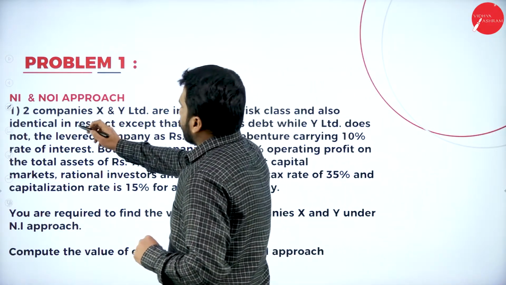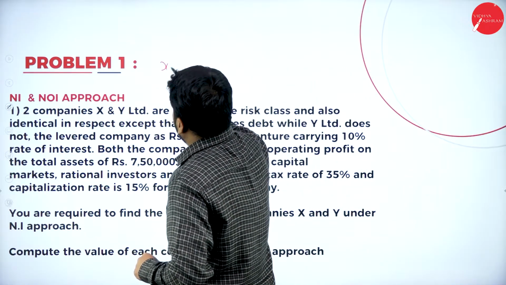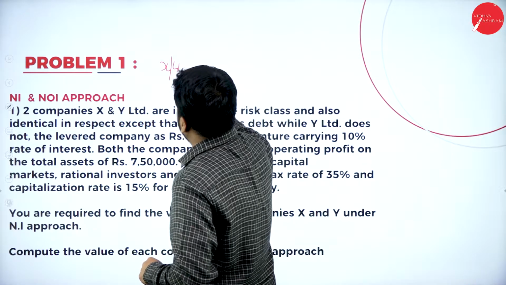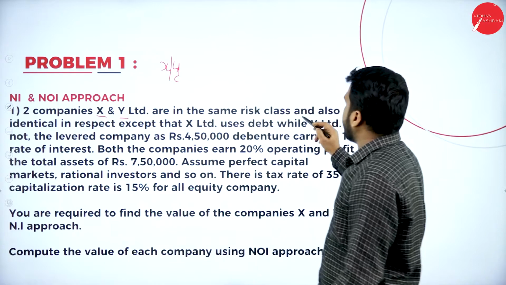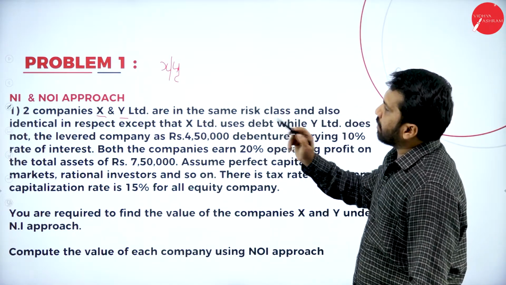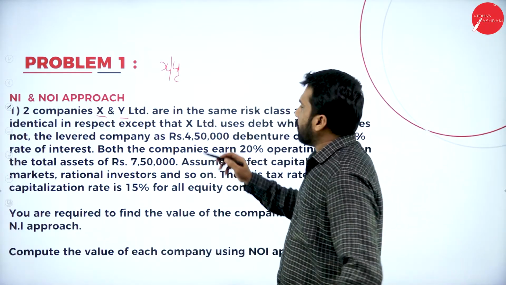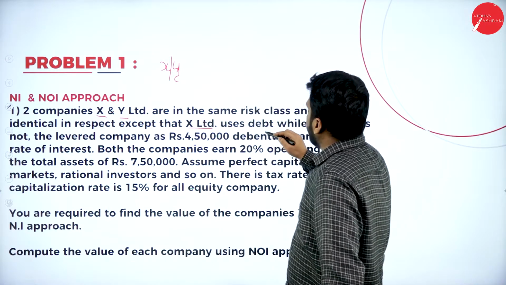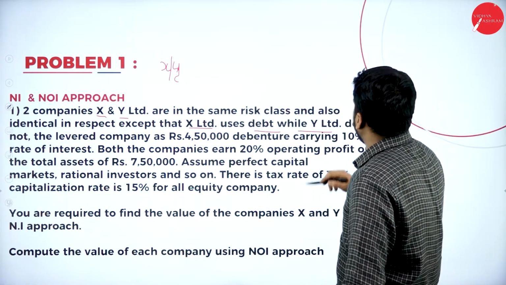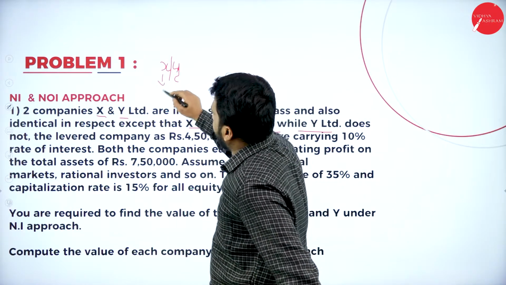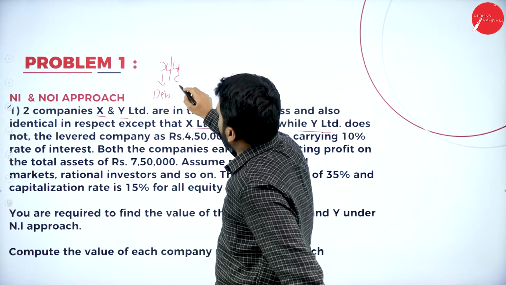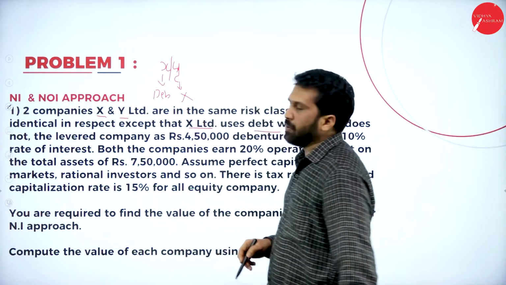Now, two companies X and Y are in the same risk class and also identical in respect, except that X Limited uses debt while Y Limited does not. See, X Limited has debentures and Y Limited doesn't have debentures.